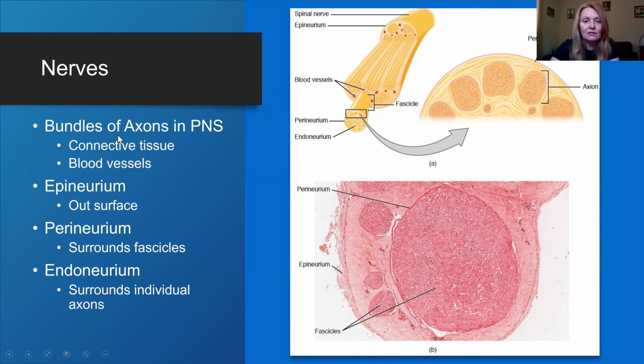Nerves are bundles of axons in PNS. They are covered by connective tissue, and within that connective tissue, you also will find blood vessels. This connective tissue covering has different names, right? Let's look at the endoneurium first. Endoneurium surrounds individual axons.